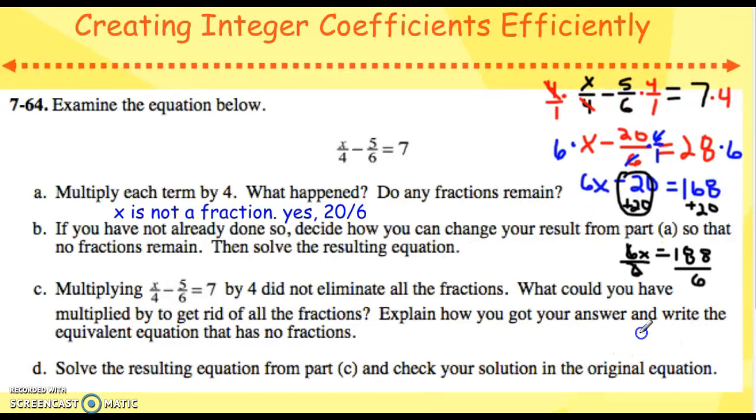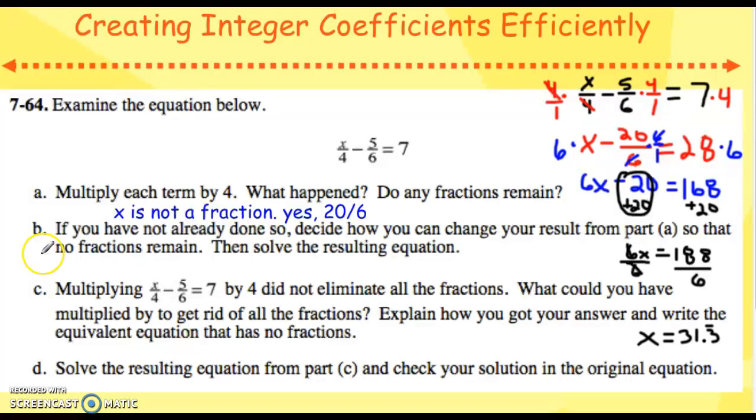So on the left, I'm going to have to continue down here. X equals 31.3 repeating. All right. So take a minute and finish that in your notebook if you haven't done so already, and then we're going to move on to C.